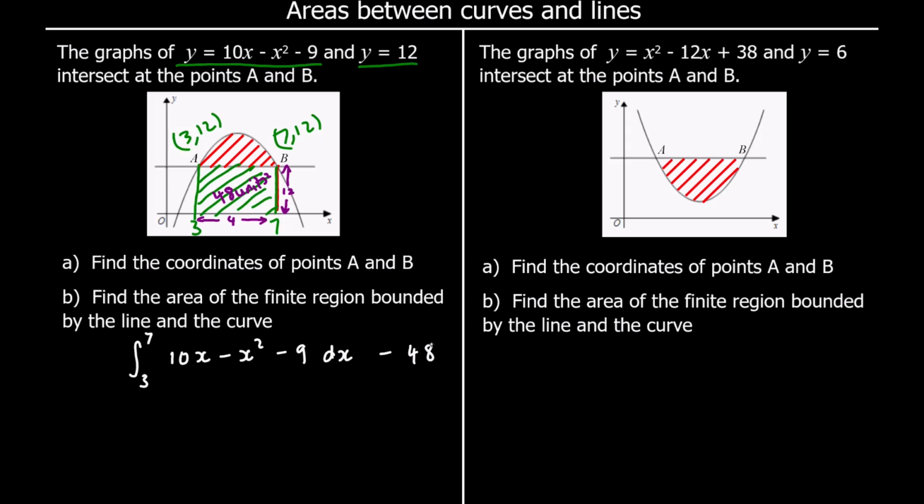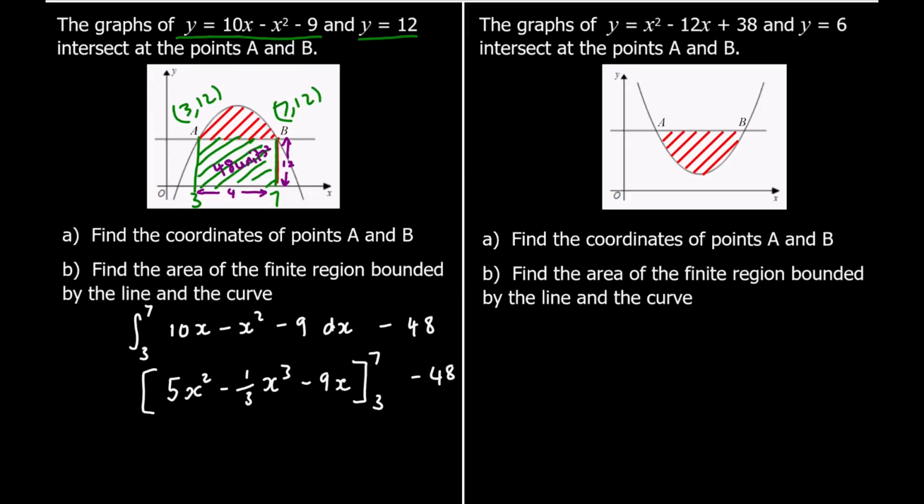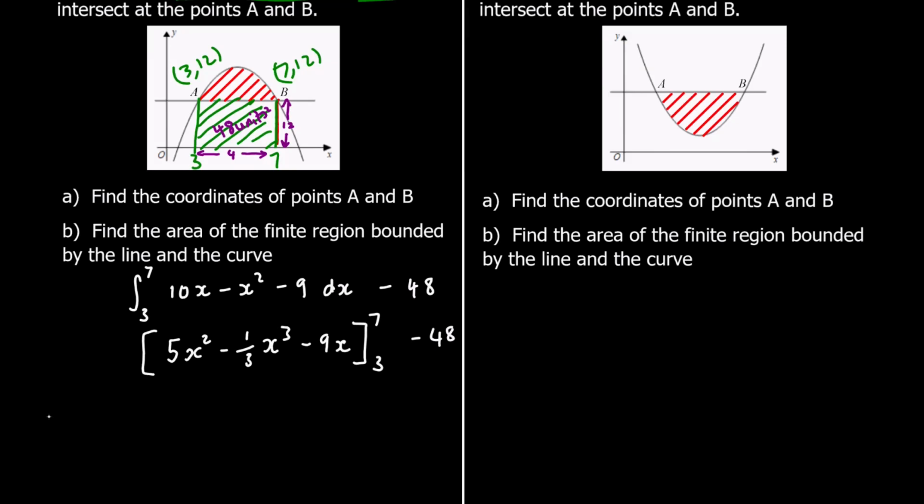So let's integrate: add 1 to the power, divide by the new power. So 5x squared minus a third x cubed minus 9x, and that's between 3 and 7.